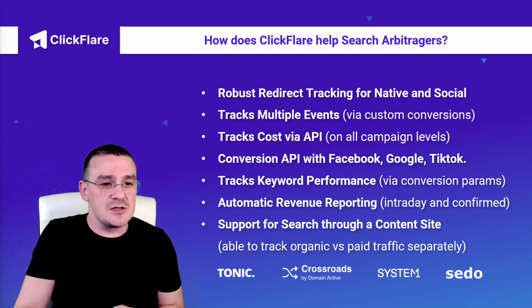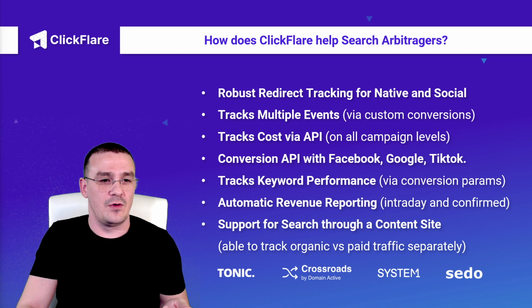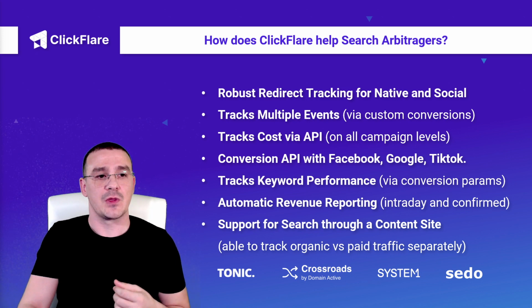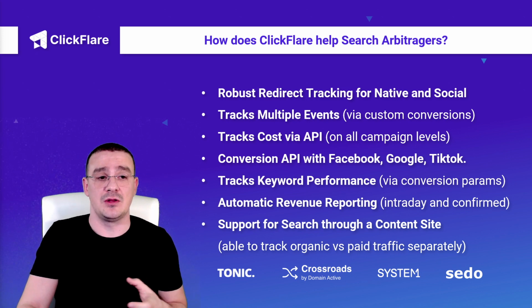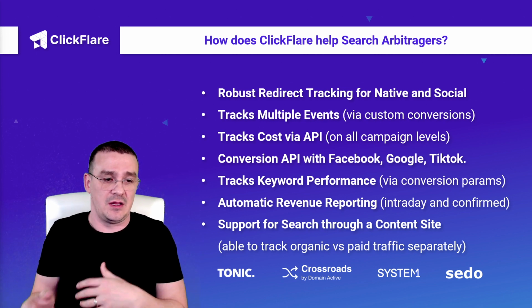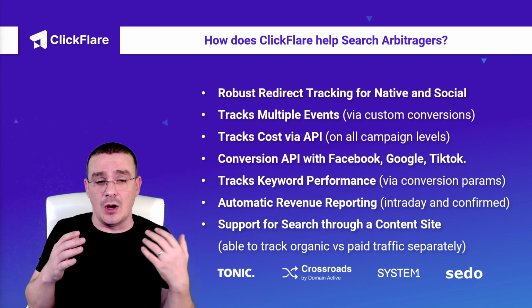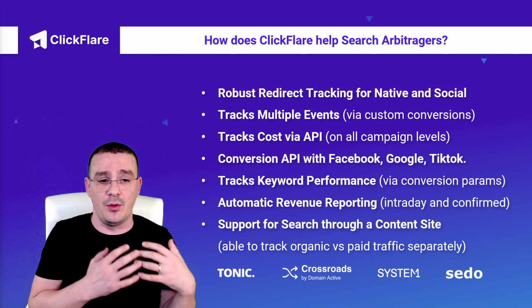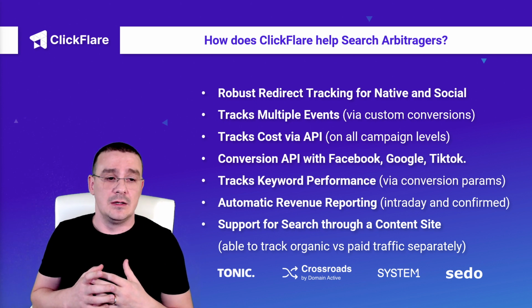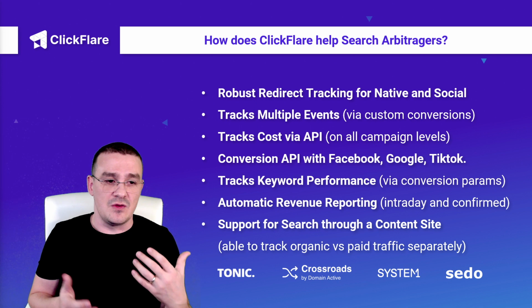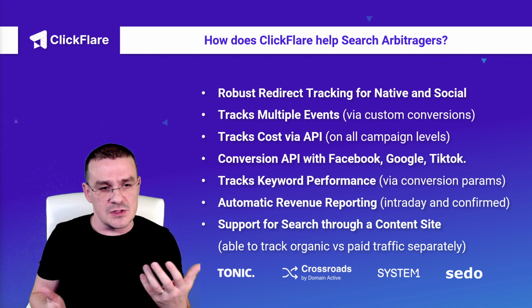If you are a search arbitrager, then as you might know from the optimizer, we have a pretty deep integration with all main feed providers. We offer the ability to track multiple events like the search click, the click, etc. We're able to update the data automatically in terms of revenue, both intraday and confirmed revenue from the previous day, which takes roughly 24 up to even 48 hours.